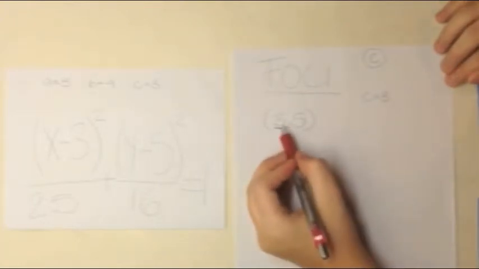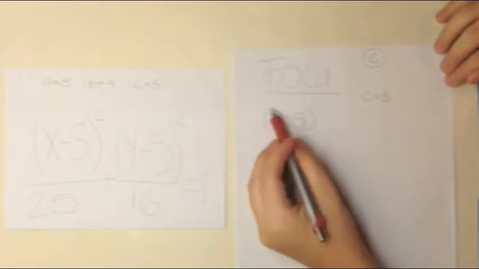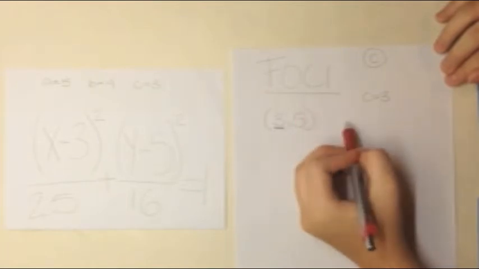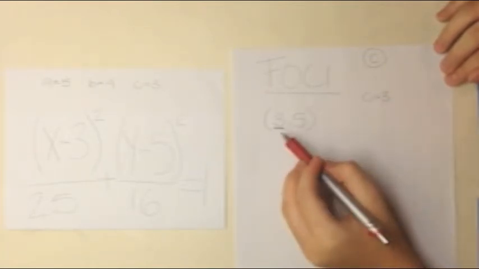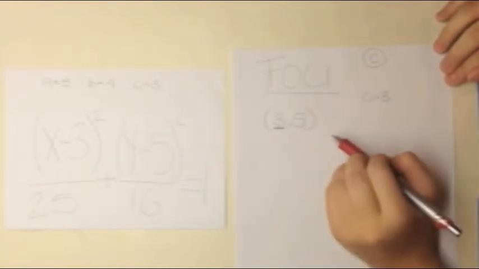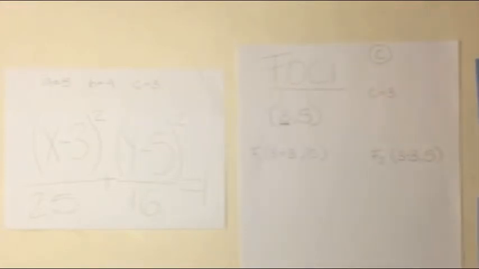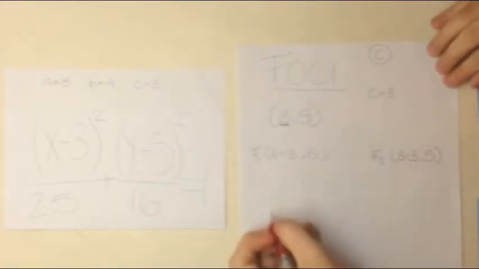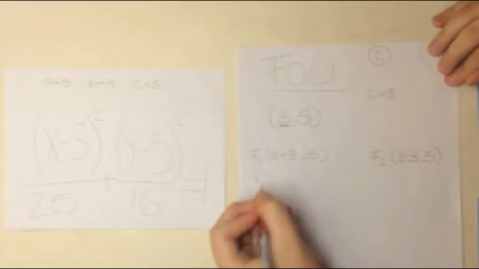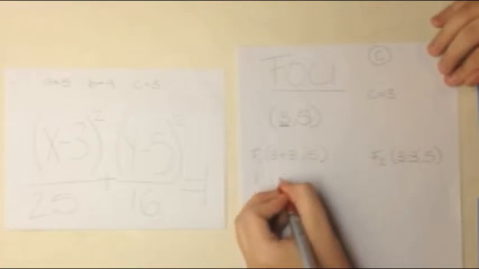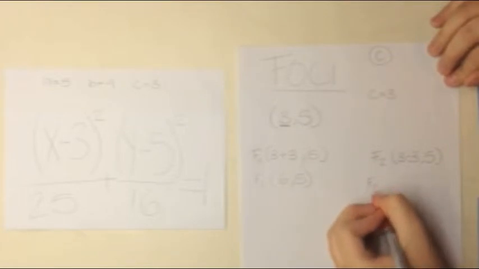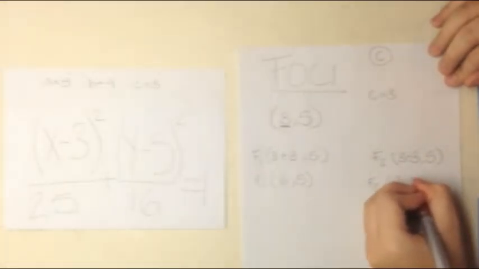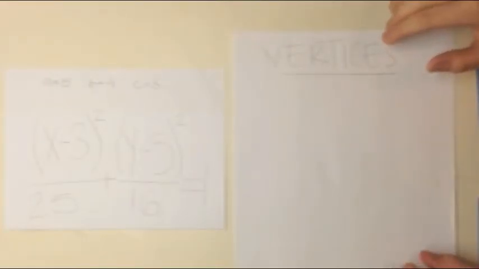So we have to find the focus of the negative side and of the positive side. We have to add 3 and subtract 3. If we solve this, our f1, meaning focus 1, will be 6, 5, and our focus 2, f2, will be 0, 5.